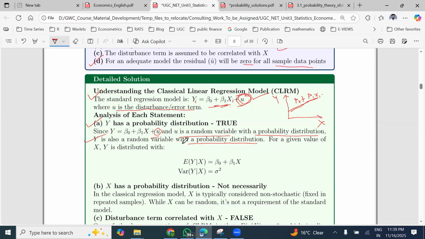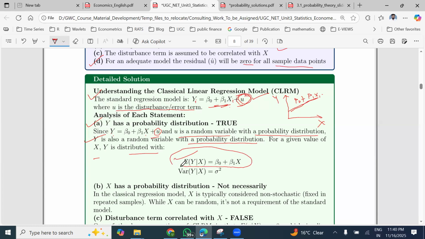For a given level, we say y is stochastic, but x, the independent variables, are non-stochastic in case of repeated sampling. So for a given value of x, y is distributed with this expected value of y given x.